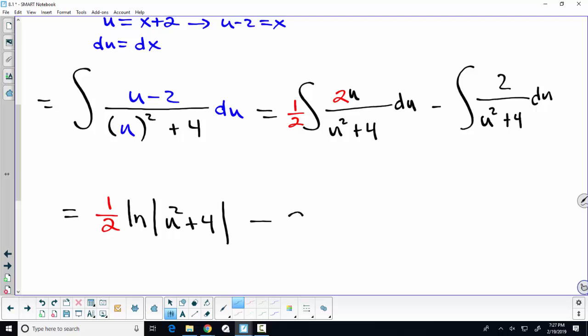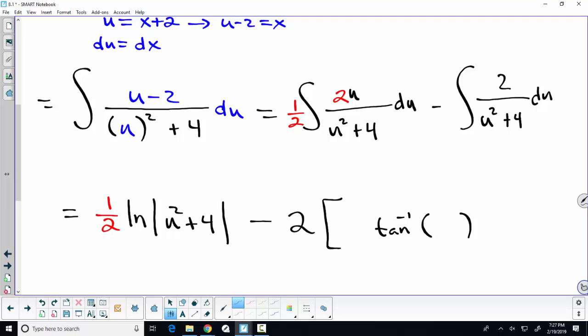Close. So it's 2 times, this is the inverse tangent of what? Not of u either. Over 2.